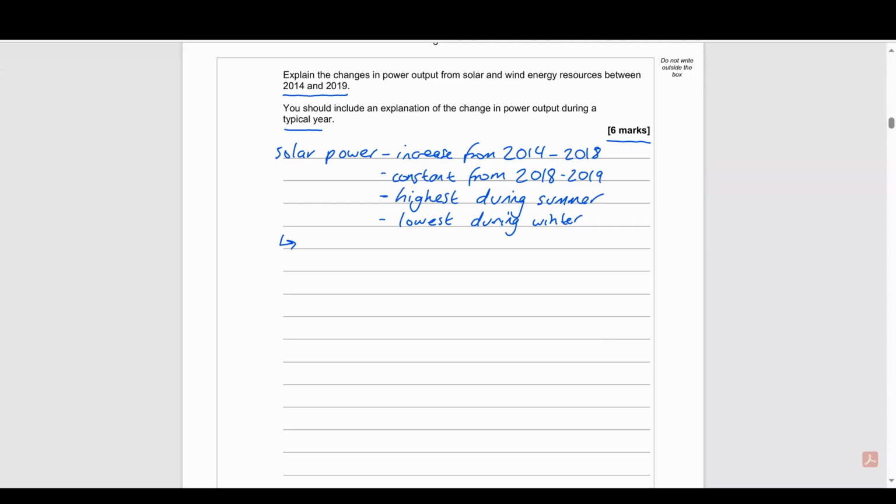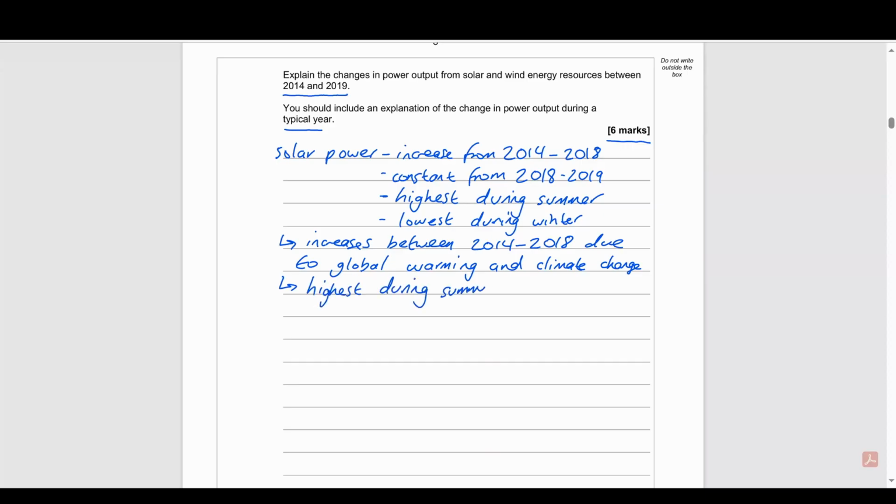Well, it's going to be due to climate change, because there's global warming that's occurring. So increase between 2014 and 2018 is due to global warming and climate change. Why is it going to be highest during the summer? Because we expect the light to be most intense during that time.